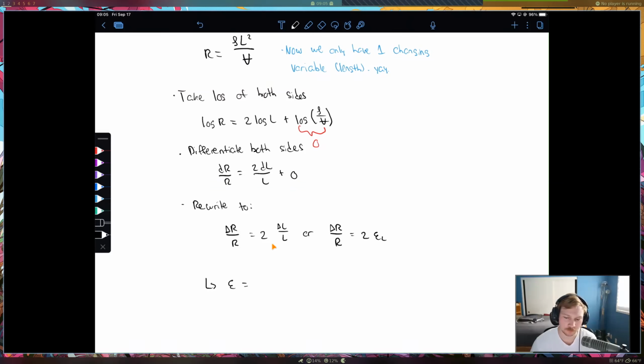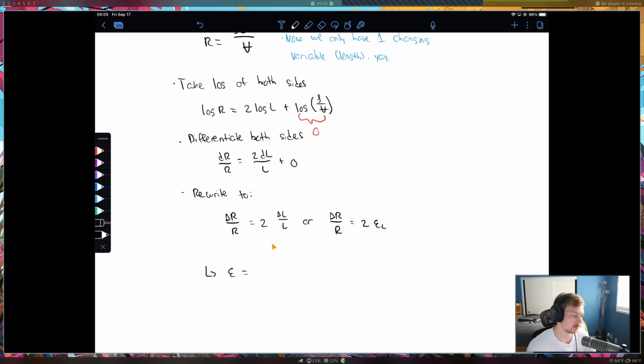So we can rewrite it again if we want to solve for strain now, as epsilon is going to be equal to 1 over 2 multiplied by the change in resistance over the resistance. Okay, so now we have a way that we can actually calculate strain directly from our change in resistance.